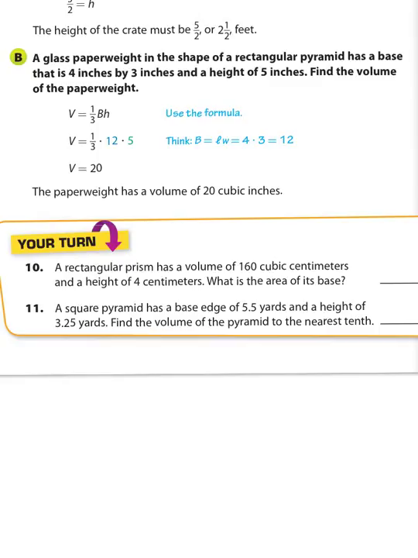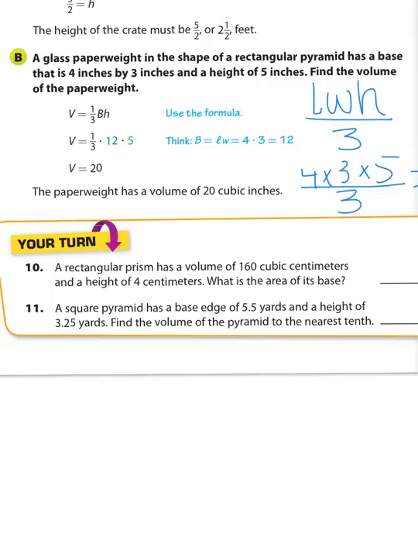So, I told y'all to simplify it into something length times width times height divided by 3. We got that because length times width is the area of the rectangular base times the height, and then that 1/3 just means we divide by 3. So let's do that. 4 times 3 times 5, and all of that's going to be divided by 3.